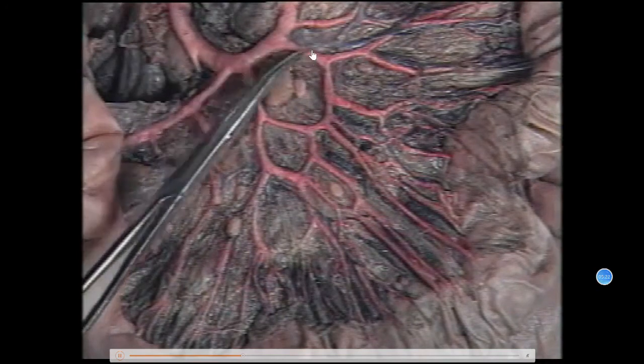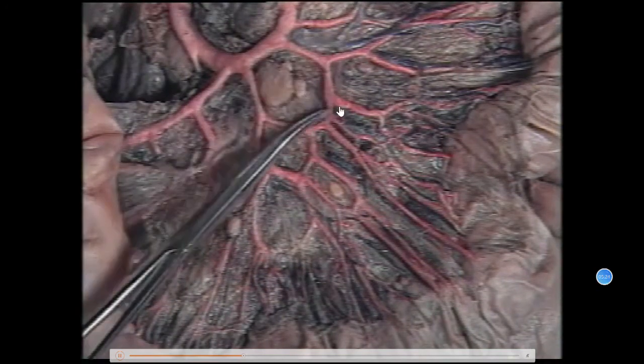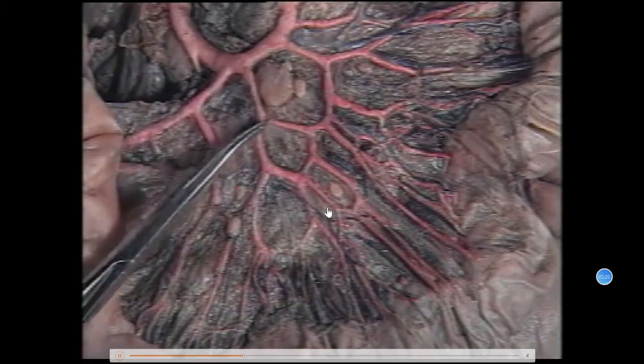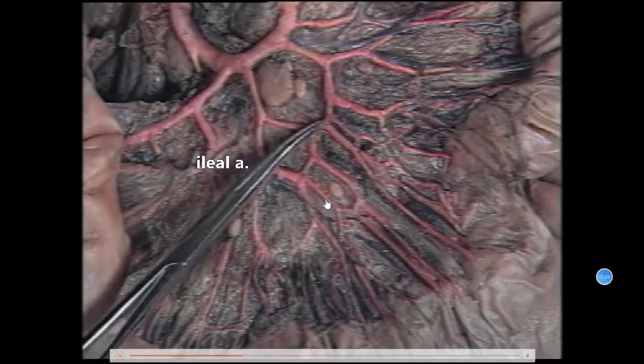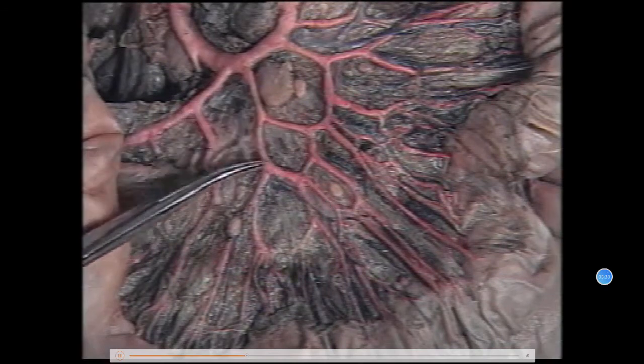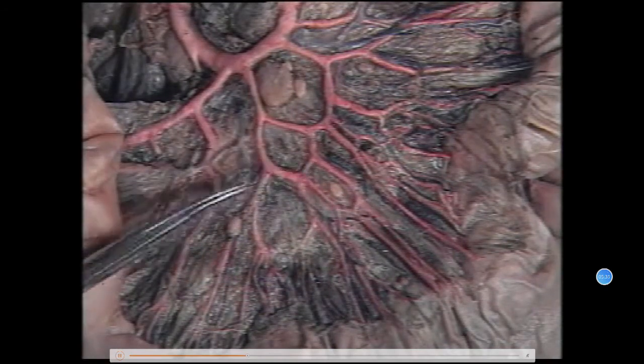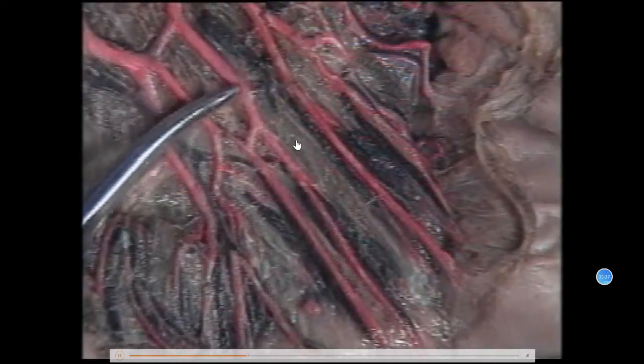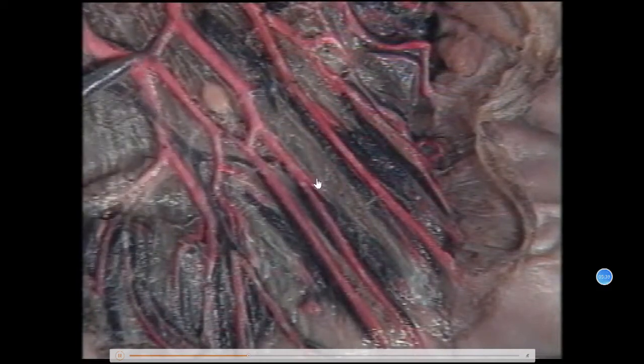Now this is the ileal arteries, arterial arches. Then these straight arteries.